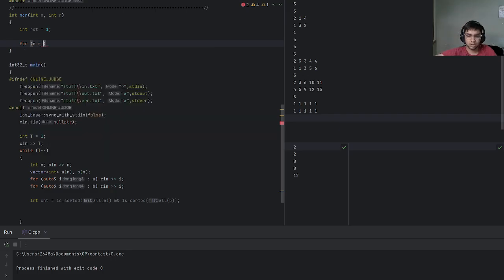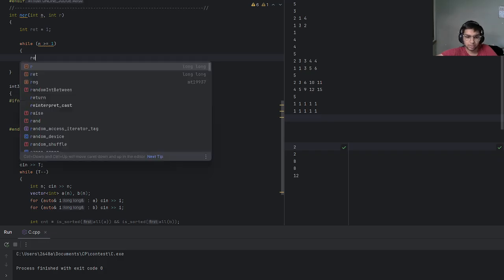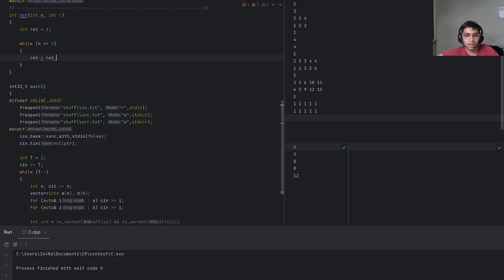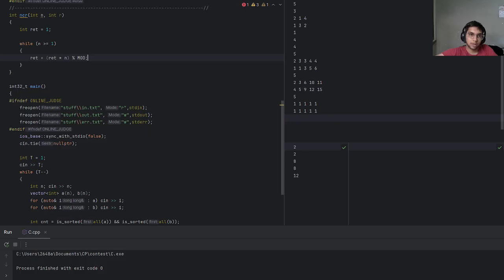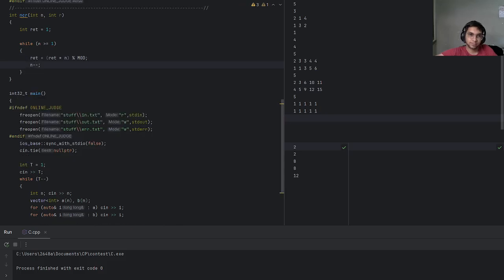For n greater than or equal to 1, you say res equals res into n minus k, n minus minus.